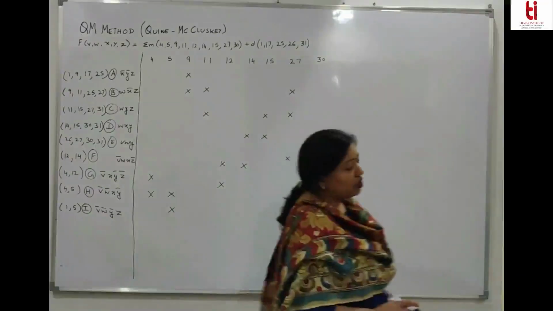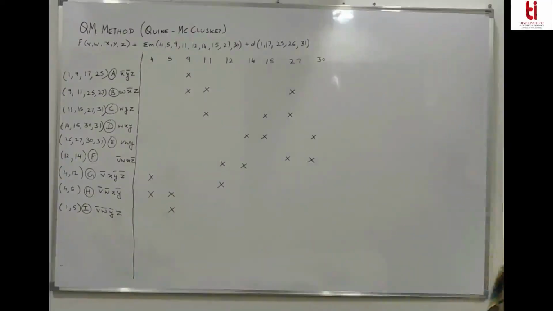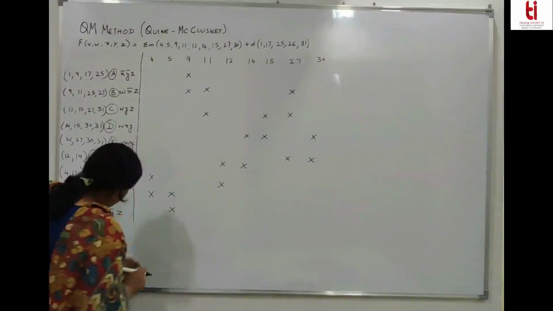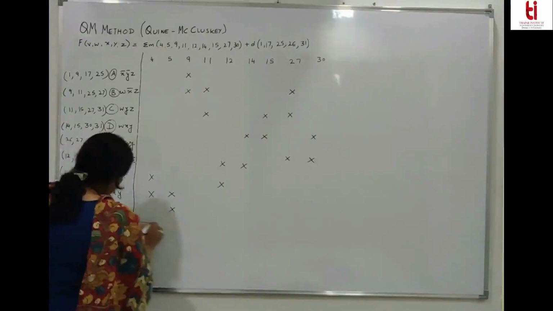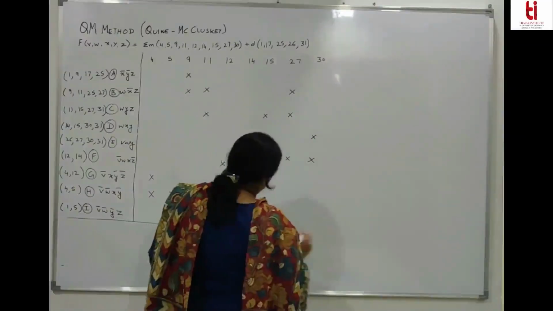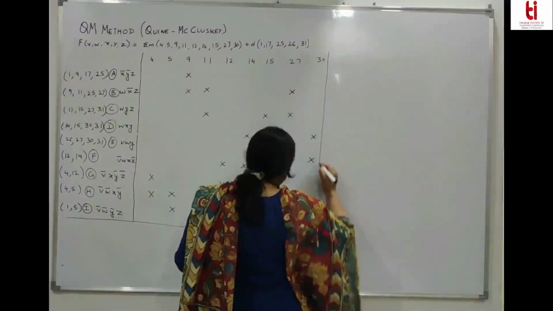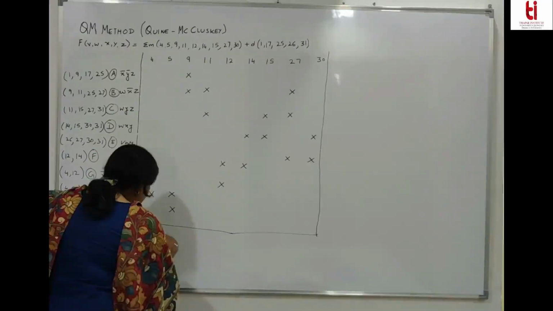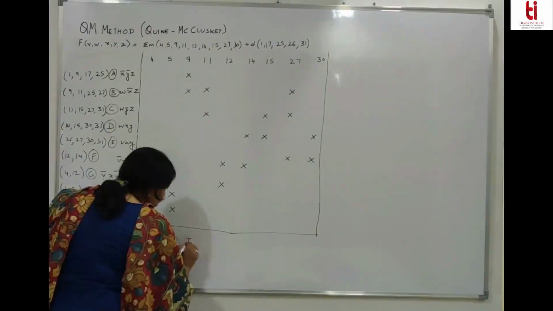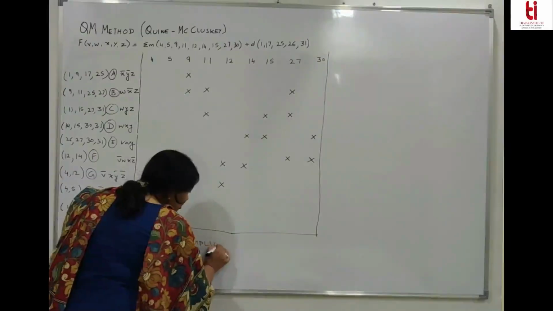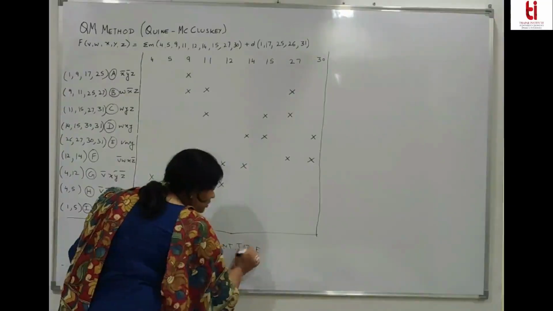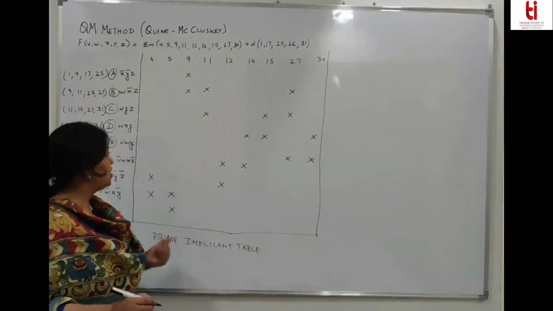So this is how you have listed all the minterms in the prime implicant table. This table is called the prime implicant table, and it is made just to minimize your expression further from the first step.